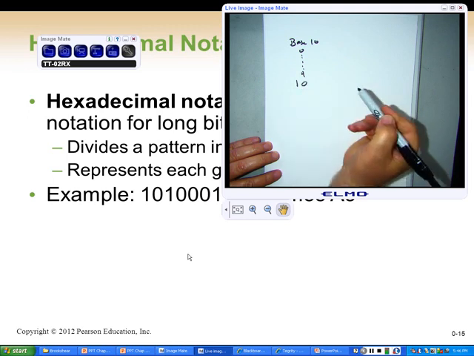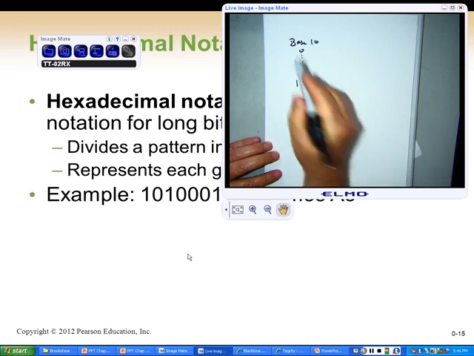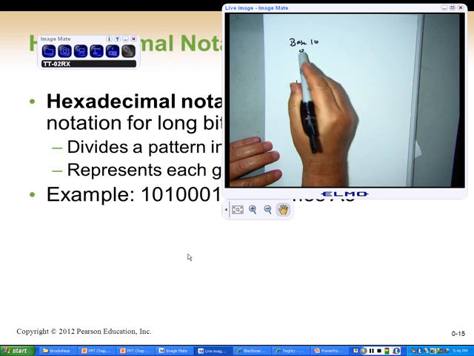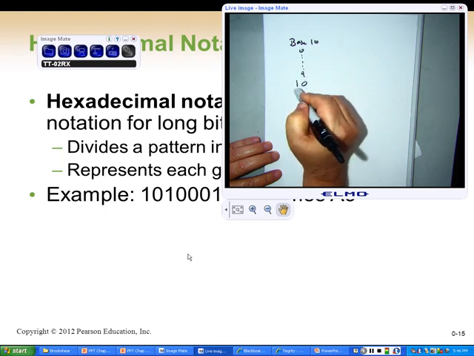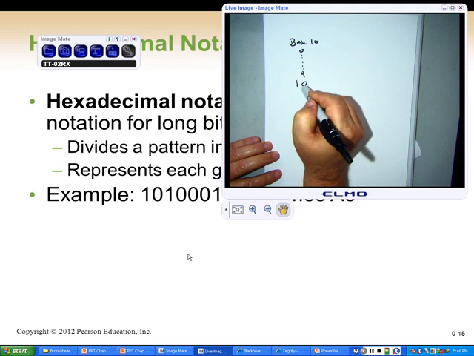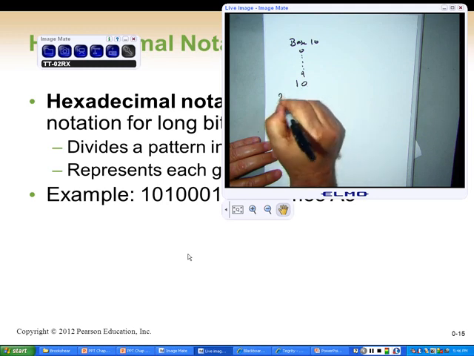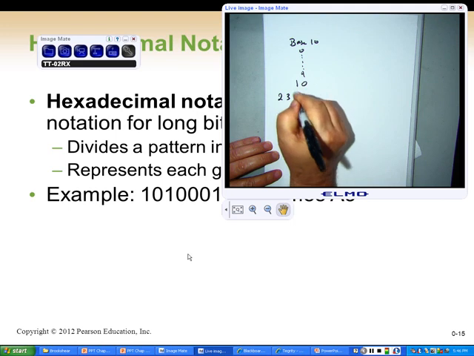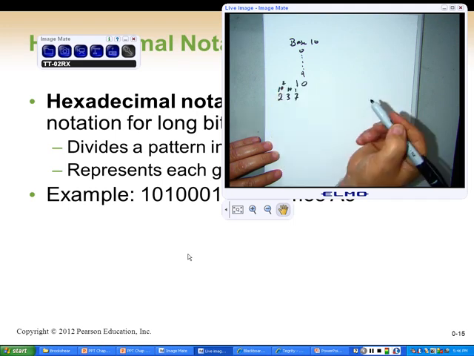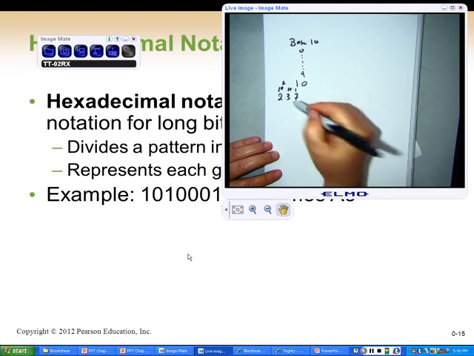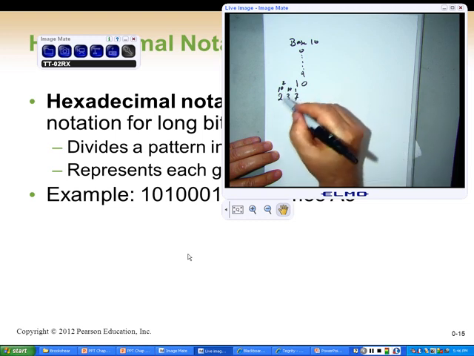So that is my 10 in base 10. So if I have 237, that's going to be 1, that's going to be 10, that's going to be 10 to the power of 2, which is 100, right? So 7 times 1, 3 times 10, 2 times 100.